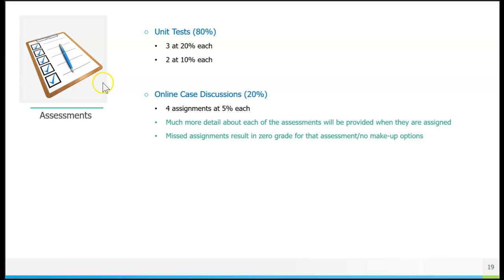What you need to know also is that any missed assessment, whether it's a test or a discussion board, results in a 0 on that assessment. There is no makeup. If you have any difficulties in advance that you know of with certain requirements in the course or your personal situation, then you need to email me and we need to work that out in advance. There will be no, "I missed the test, will you do something for me?"